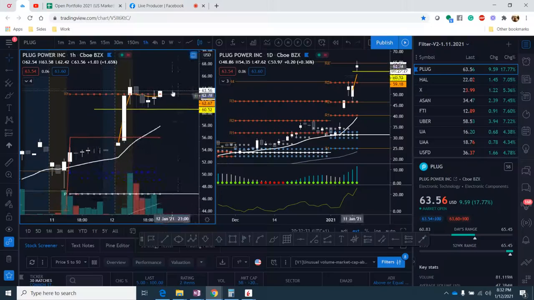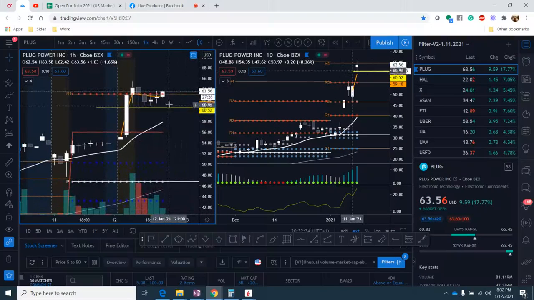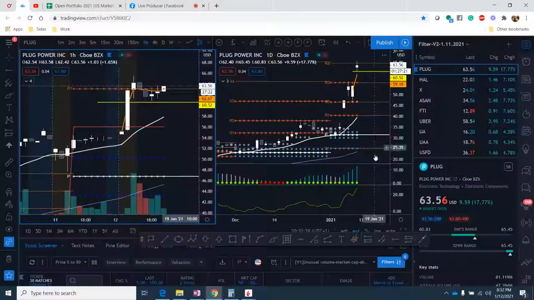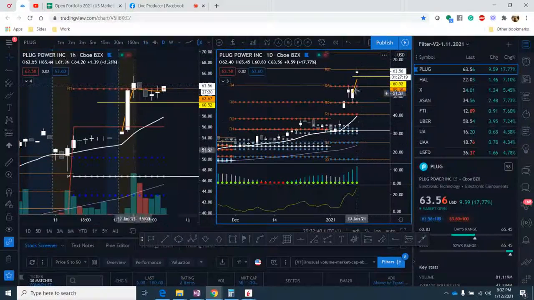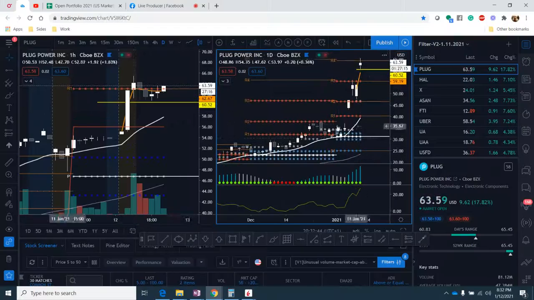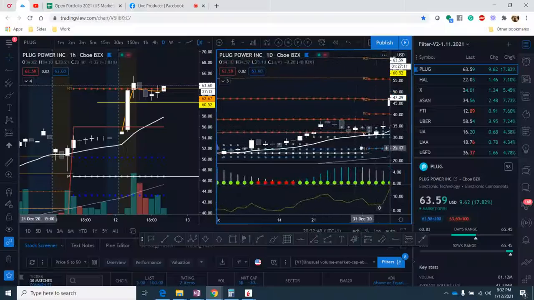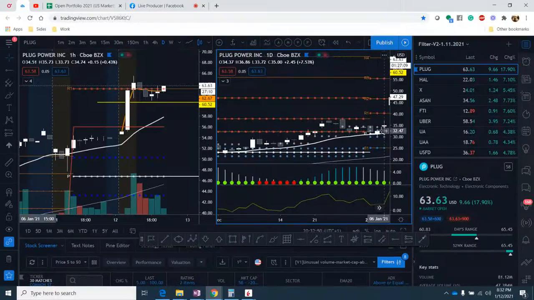So basically here, PLUG is looking good. It's at R1, but let's check the daily first. The daily is already overextended, so I don't want to trade that. I always like the current price to be really close to the daily, so in between R1 and P is still okay, and there is a squeeze and the momentum is in positive territory.